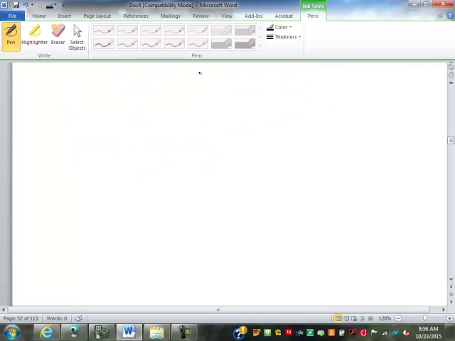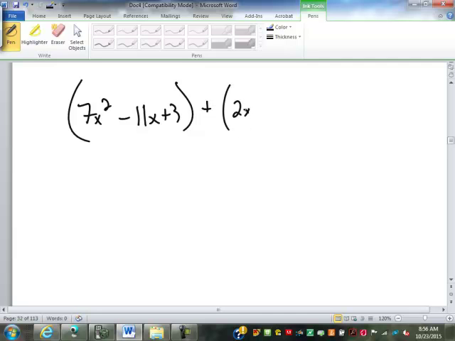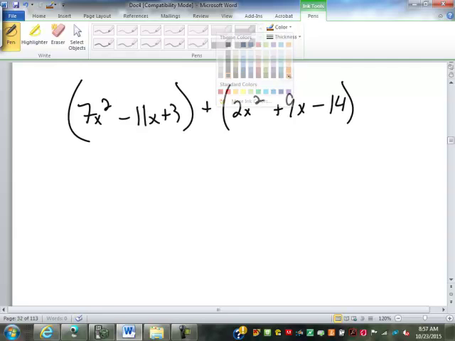Now, it can get a little more complicated than that. You can have 7x squared minus 11x plus 3 plus 2x squared plus 9x minus 14. You notice you can have two digits within each place value. You don't carry at all in algebraic numbers.